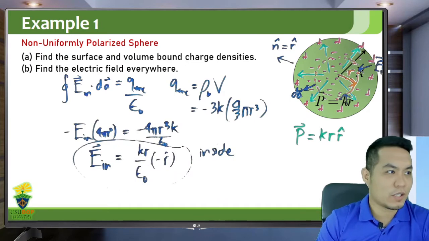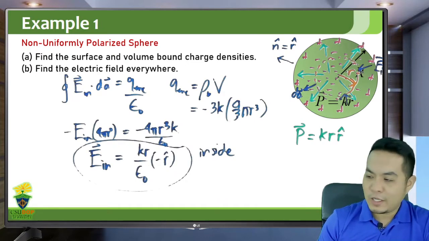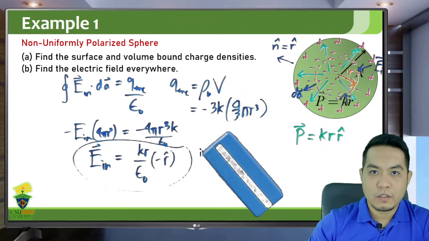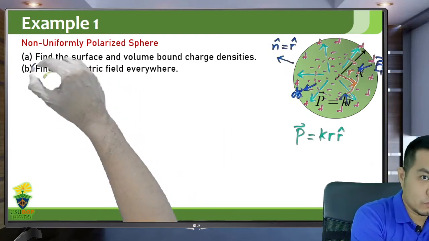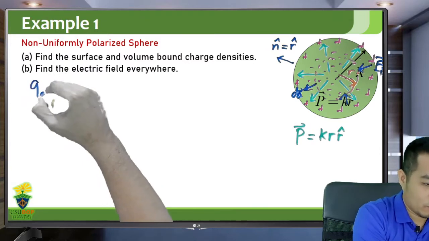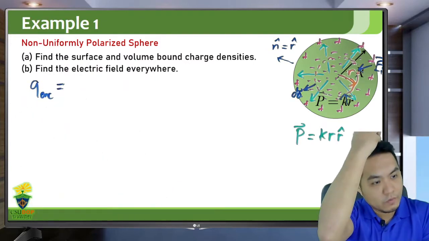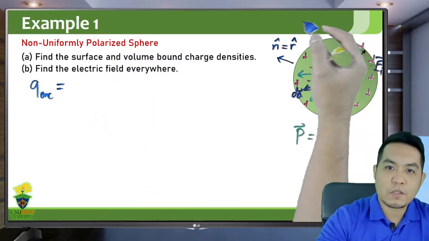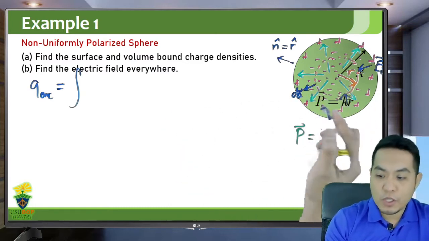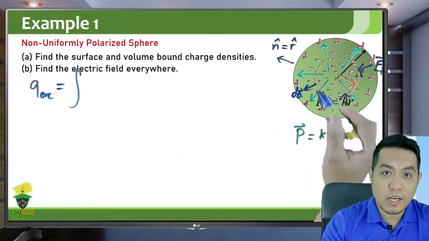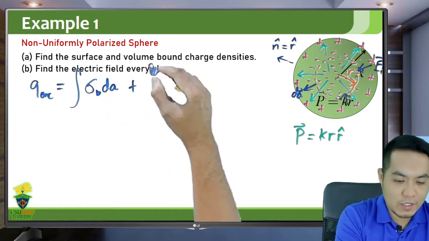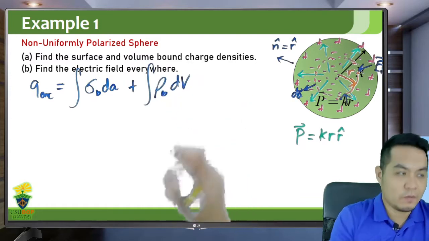So what's the charge enclosed if we are trying to find the electric field outside? If your Gaussian surface is outside, it will be due to the surface bound charges and the volume bound charges. So you have sigma b dA plus rho b dV.